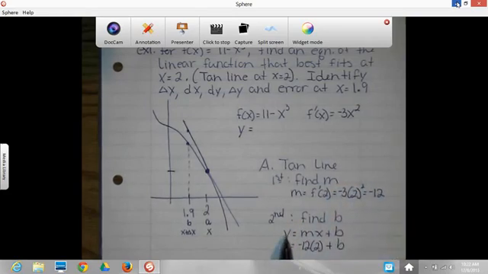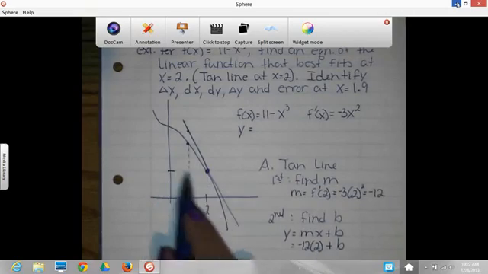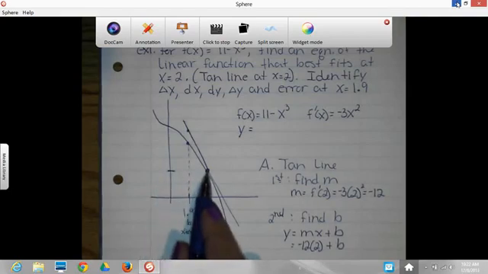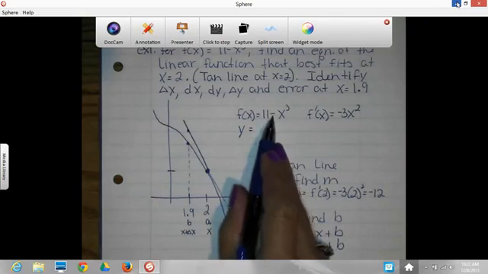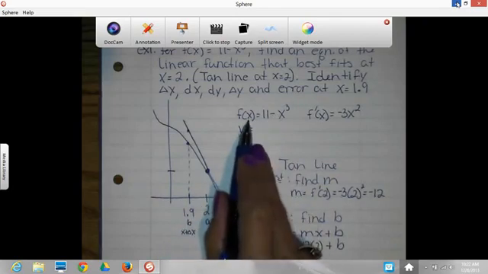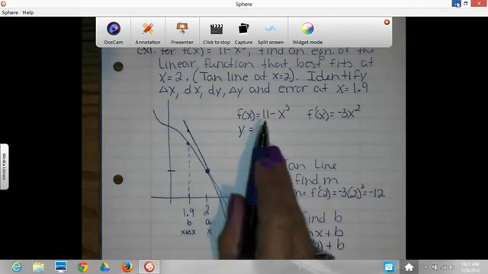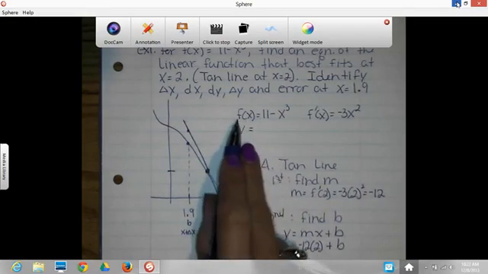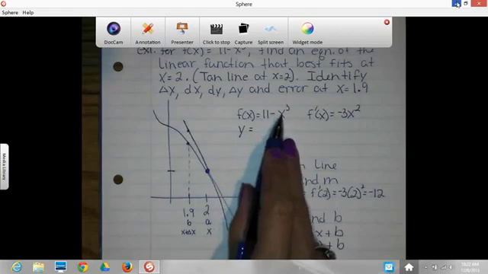Well, where do I get the y value from? Think about it. If x is 2, there's a y value here. I just never found it. How can I find this y value? Well, this y value is on the original function. I've just got to put 2 into the original function to see what the corresponding y value is. So f of 2: 2 cubed is 8, 11 minus 8 is 3.